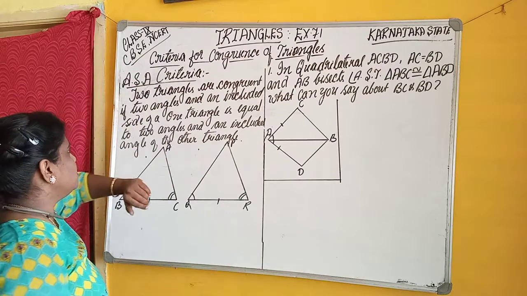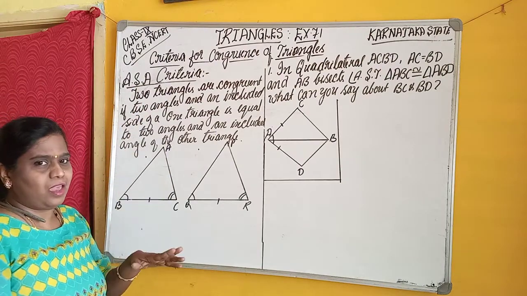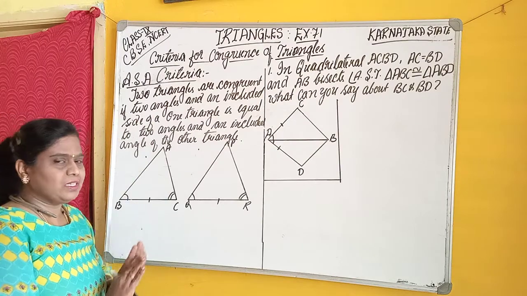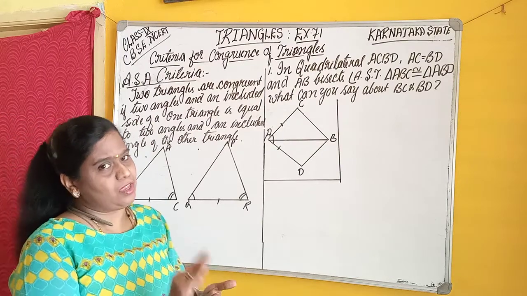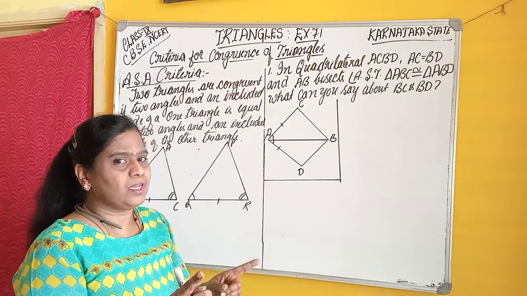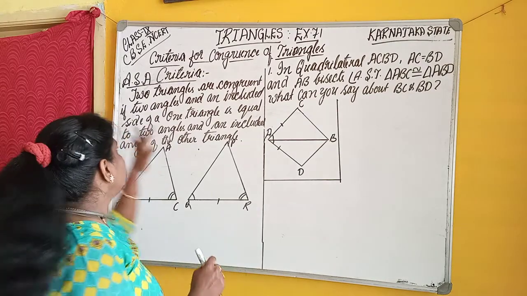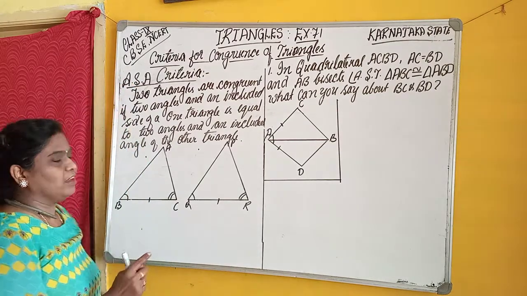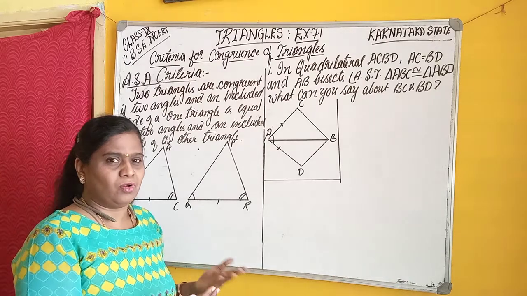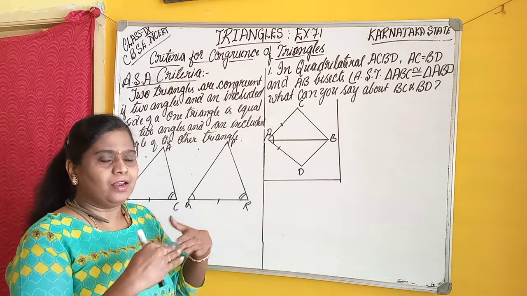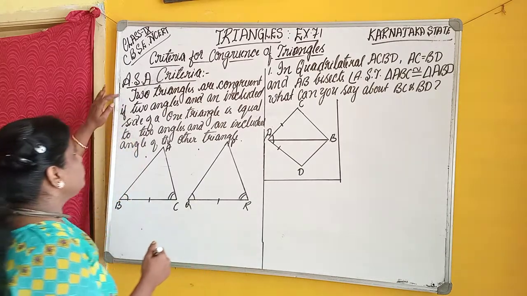Here ASA criteria. What is ASA? In the previous criteria, we had SAS: two sides and an included angle. But here, ASA means two angles and an included side.